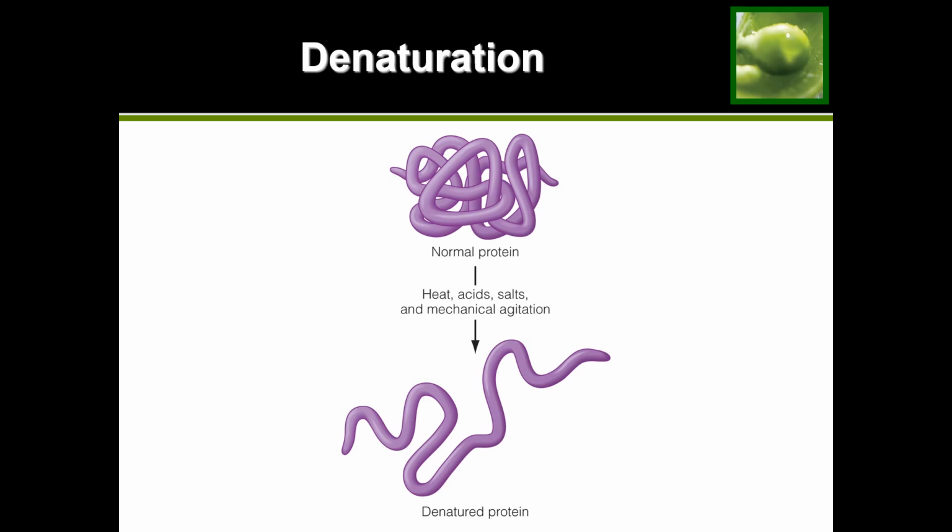So starting off with denaturation, we said that denaturation happens in our stomach, and it is what is required for our proteins to be able to be digested. So again, we said that proteins need to be denatured before they can be digested. Denaturation is when the protein is deactivated, and as a result of that, it untangles.